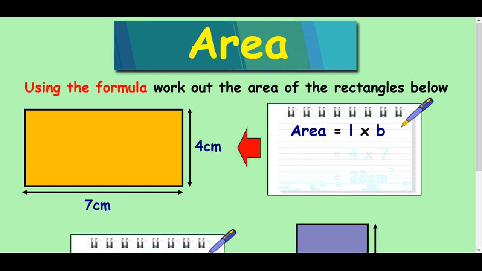And when you're working out the area of a rectangle, we like you to write a formula out every time. Now you can shorten area to A equals L times B, but it's really important to set the formula out. We're looking for 3 lines of work in here. The next line you put the numbers in. So the length is 7 and the breadth is 4. It ultimately doesn't matter which way around you put the 4 and the 7. 7 times 4 and 4 times 7 give you the same answer.